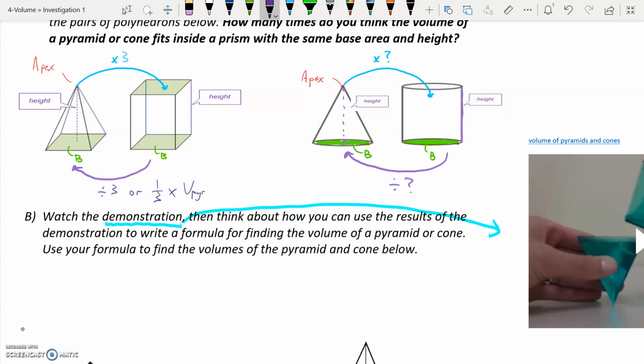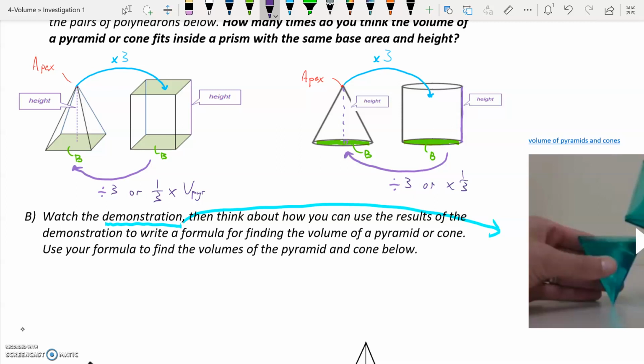Same thing goes for a cylinder and a cone. If we know the volume of a cone, it would take three of those cones, multiplied by three, to get the volume of a cylinder that has the same base area and height, and also just like the pyramid and the prism, if we know the volume of a cylinder and divide that volume by three, or multiply by 1/3, we would have the volume of the cone.